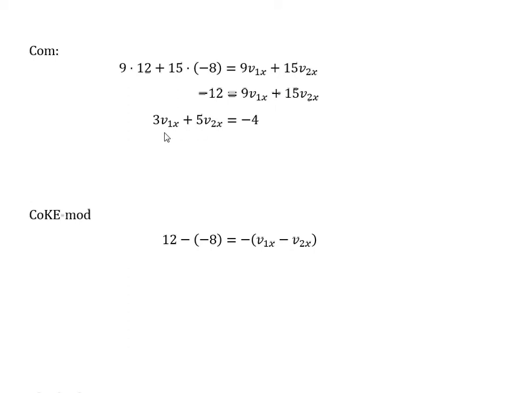With KE modified, 12 minus negative 8 gives 20. We can distribute the negative across the parentheses, and that gives negative v1x plus v2x. To put it in standard form, I just flipped it around. So we have the variables on the left and the 20 on the right.